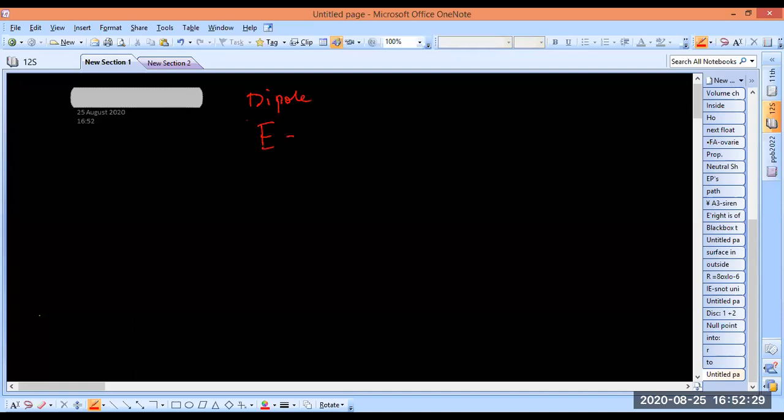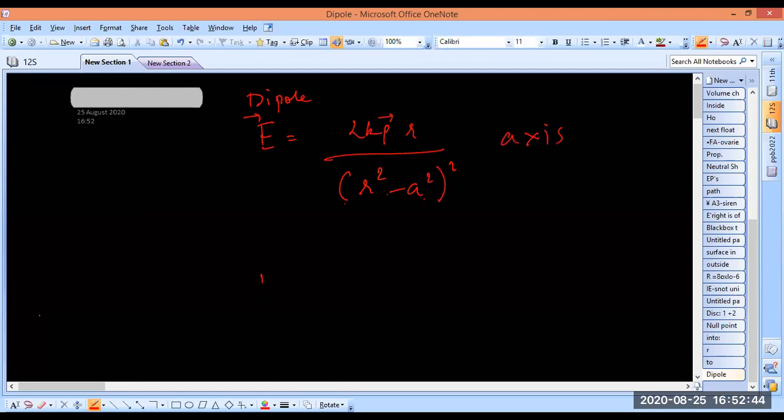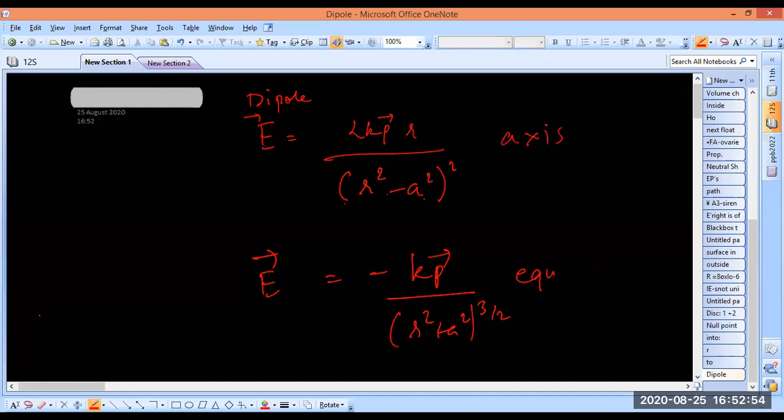It is 2k p vector r divided by (r square minus a square) whole square. This is on axis. Now on equator, we have it as minus kp vector upon (r square plus a square) raised to 3 by 2. This is on equator or bisector.